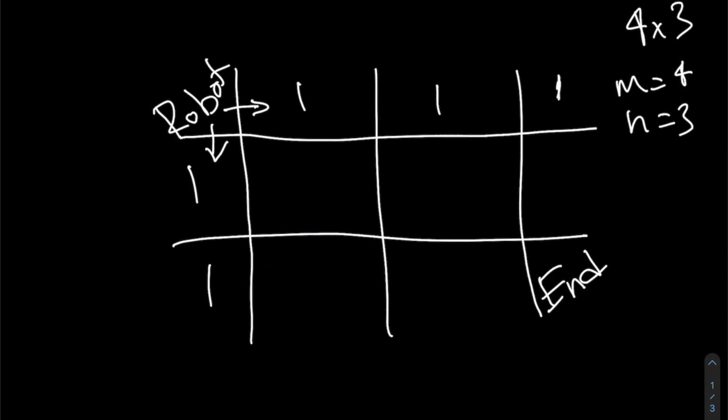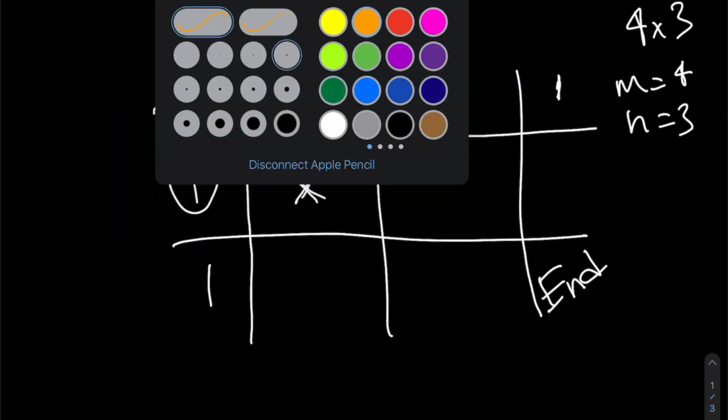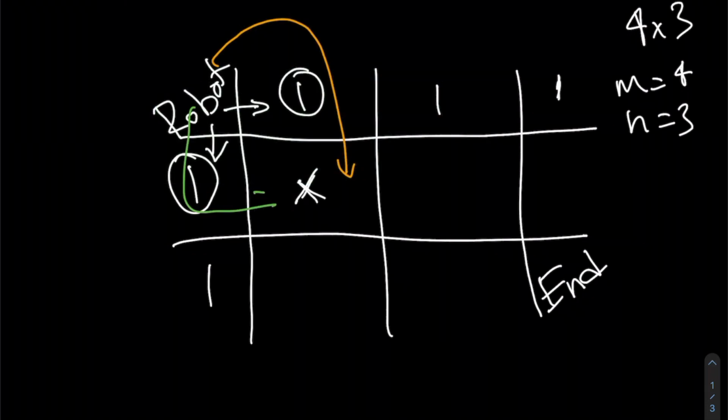Now let's try to figure out how many steps there are to here. The steps to get to here would be a combination of how many steps would be here plus however many steps here, right? Because to get to here, you can either come from this path or you can come from this path.